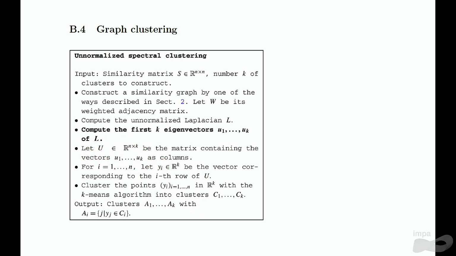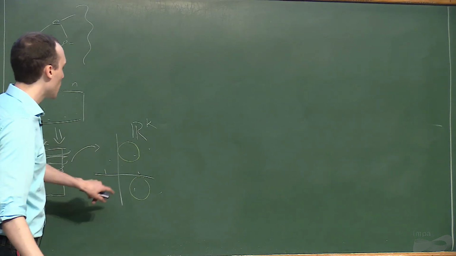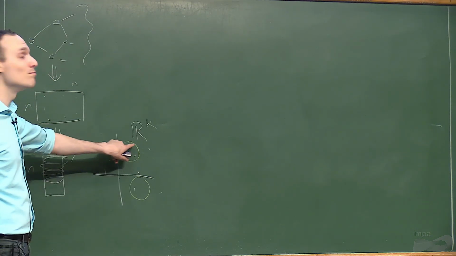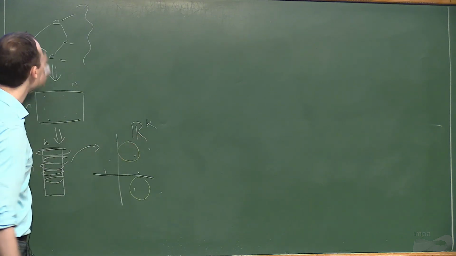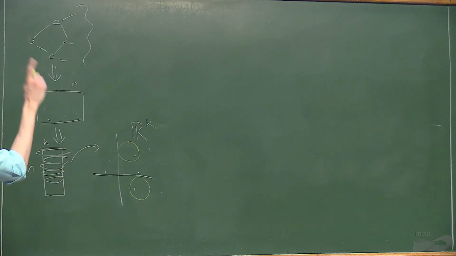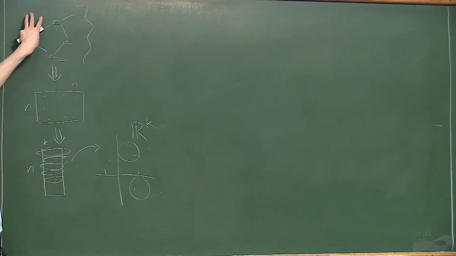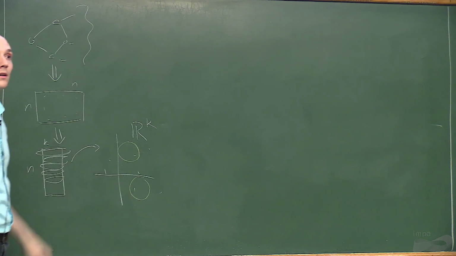So U is exactly this matrix here. And now we're going to cluster the rows, traditionally with k-means, but you don't have to use k-means. You can use Gaussian mixture modeling with the EM algorithm or other approaches. And then based on the clusters that you get here, you identify each vector, the corresponding embedding, if you will, of the vertex to the original vertex in the graph, and then we would color the graph, say red or blue, according to what we observe down here.